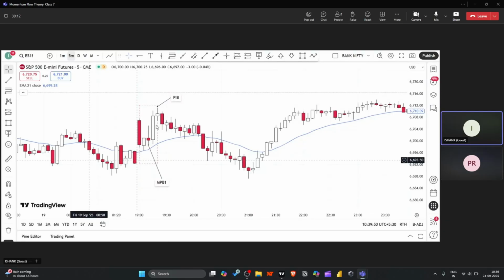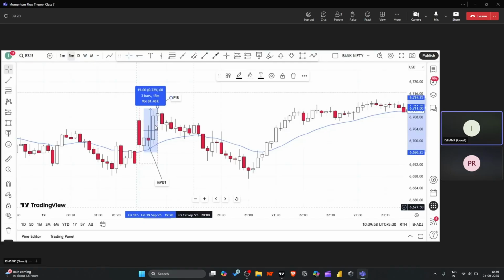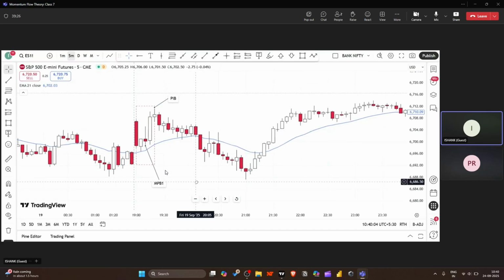Do you have any doubt in that? From here to here, is this a breakout or not? That is the spike range. That is where the spike ended. There is a pause in between. Yes, it is a pause, but this to this is breakout.